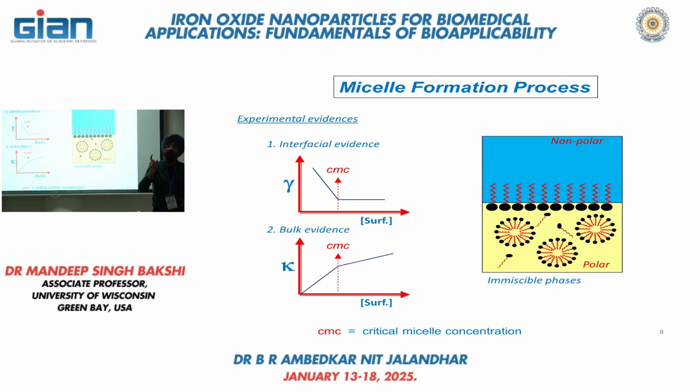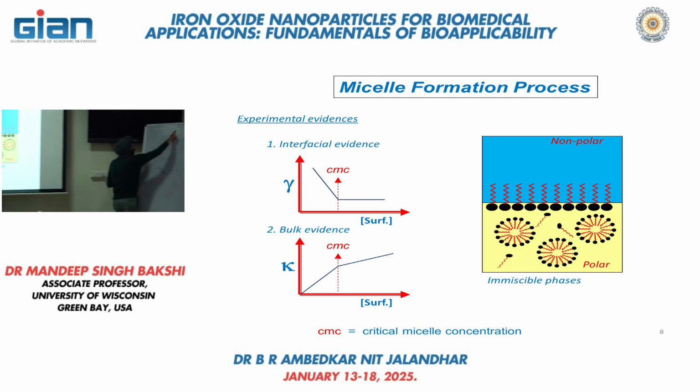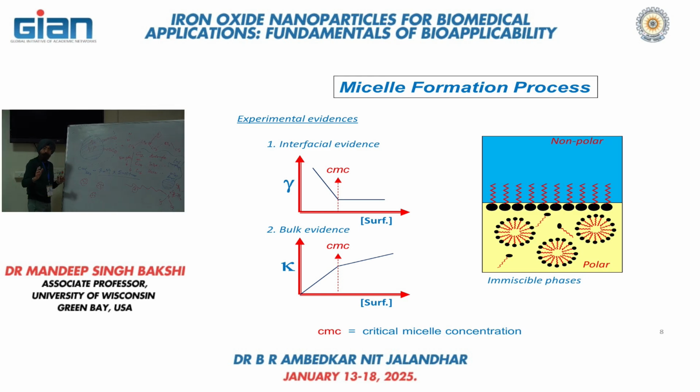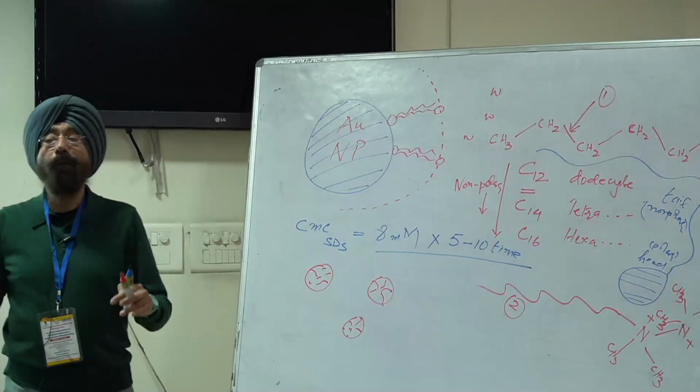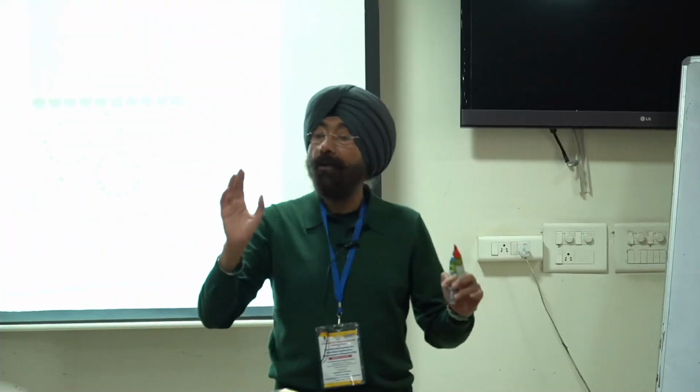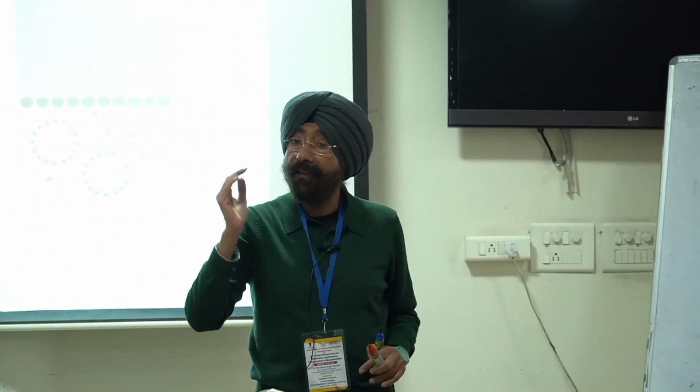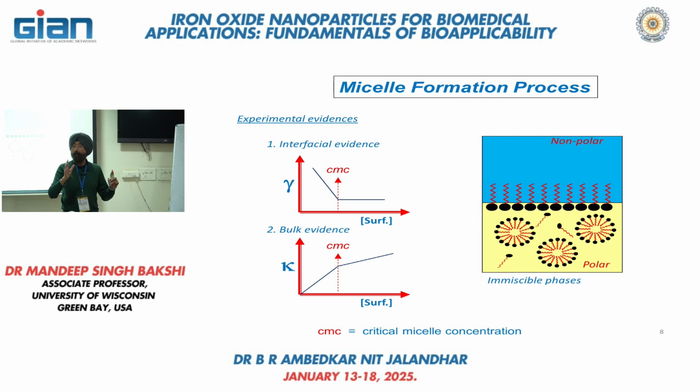So if I want to coat the nanoparticle, I must ensure that the solution phase possesses predominantly micelles, so that it ensures the occupation or passivation of all interfaces, including the solid-liquid interface of the nanoparticle. That is why this is required. So that was the part related to the colloidal stability.